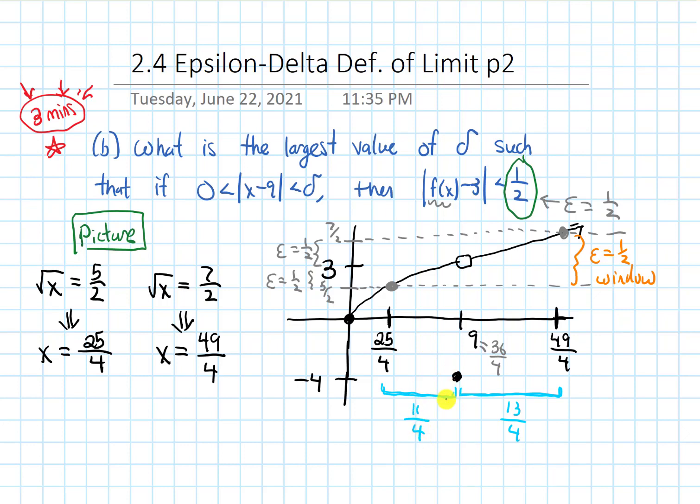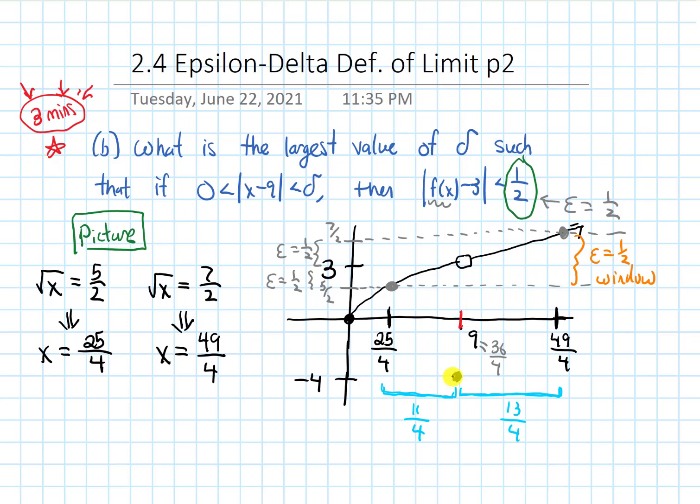And then looking at those numbers, okay, I see that 13 over 4 is the bigger out of the two. And now I got to think about, well, what is the biggest distance, delta, I could go away from 9? So if I were to go that distance in either direction, it guarantees that I stay within this epsilon equals 1/2 window.